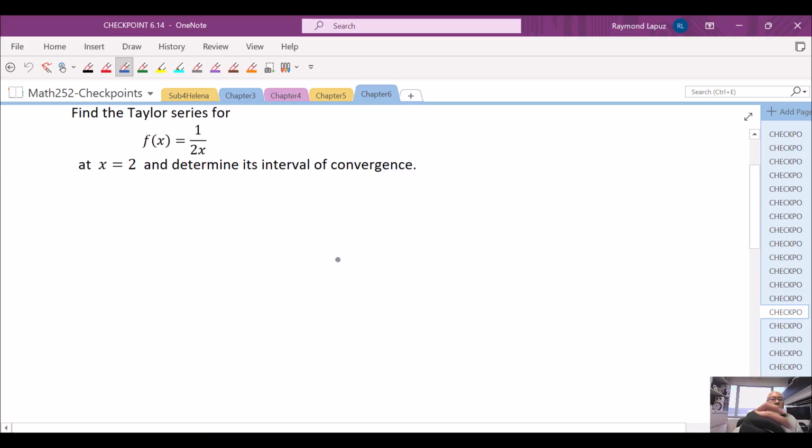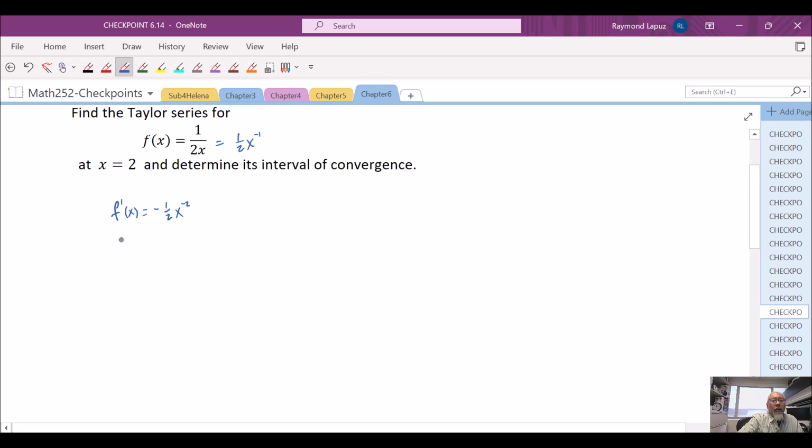So let's take some derivatives. I'll write this as 1/2 x to the negative 1 power, so that'll make my derivative finding a little bit easier. So f prime is going to be negative 1/2 x to the negative 2 power.